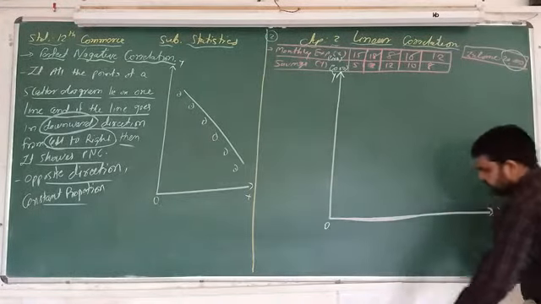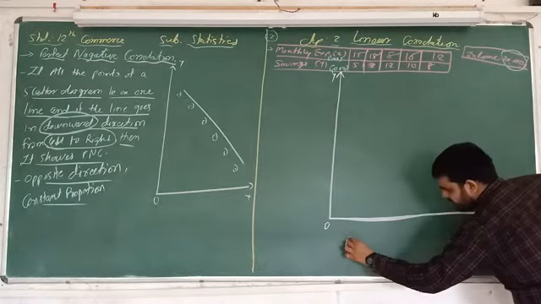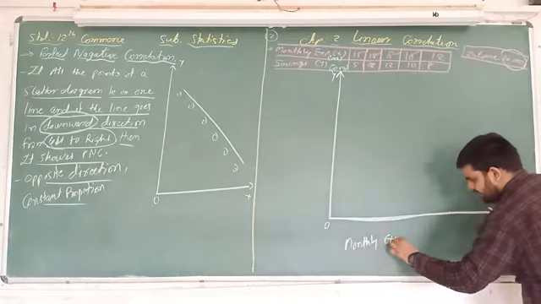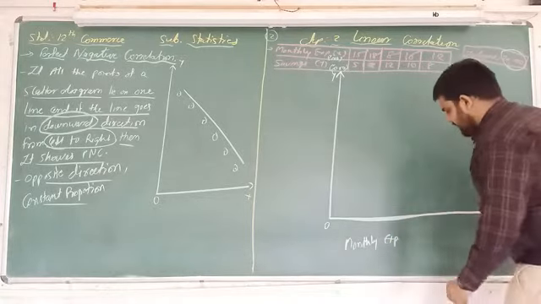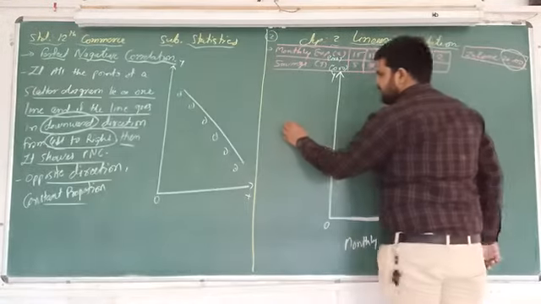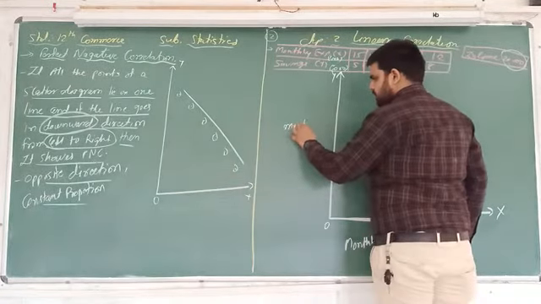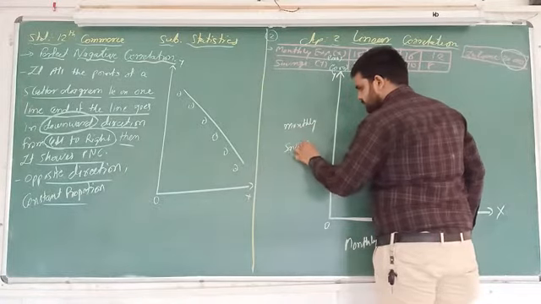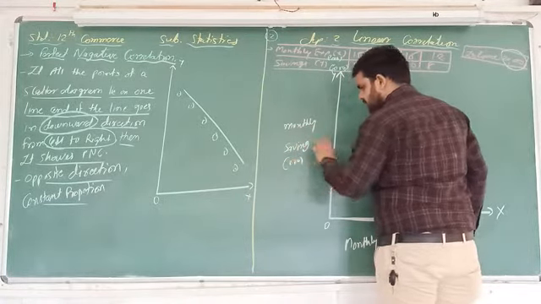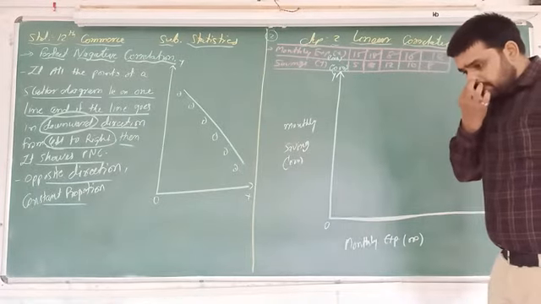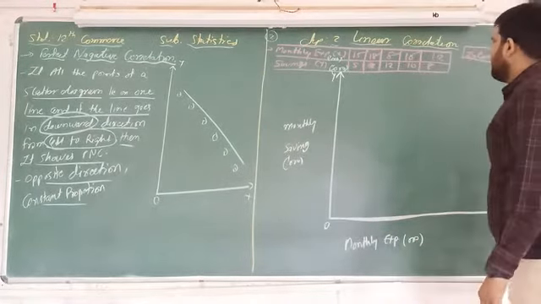Here 0. Monthly expense in 1,000 on the x-axis, and monthly saving, also in 1,000, on the y-axis.